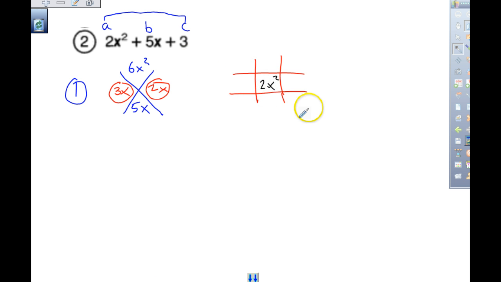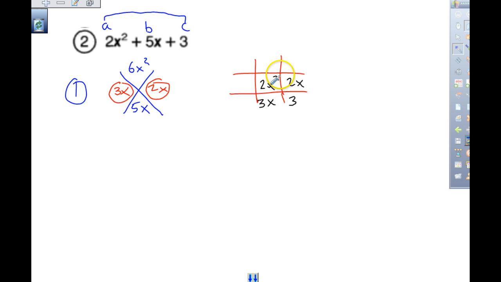We got the 3. These are the two that gave you the 6x squared. And now we have the 3x and the 2x. Doesn't matter which way I put them. And there we can finish that.